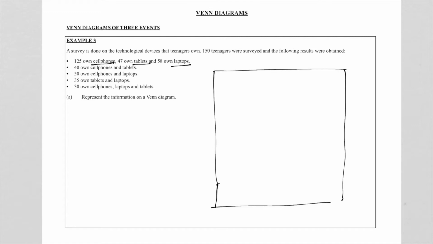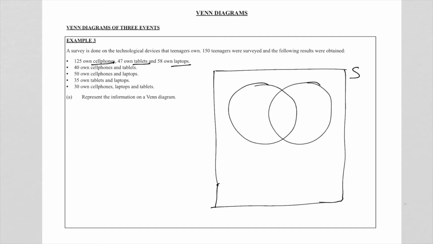So let's start with a Venn diagram. Please take note, we do have three events here. And the three events are cell phones, tablets, laptops. So when we draw the Venn diagram, make sure that your sample space is a little bit bigger because we now need to put in three events here.